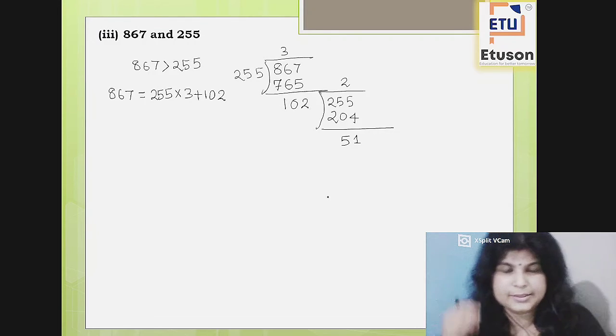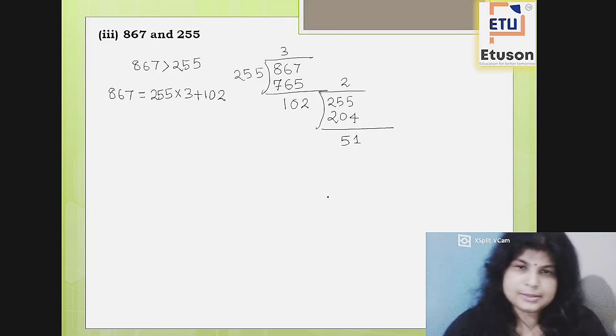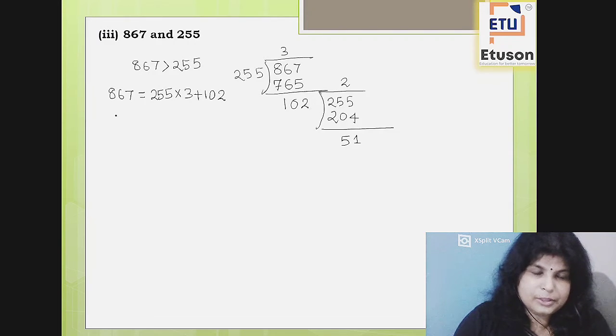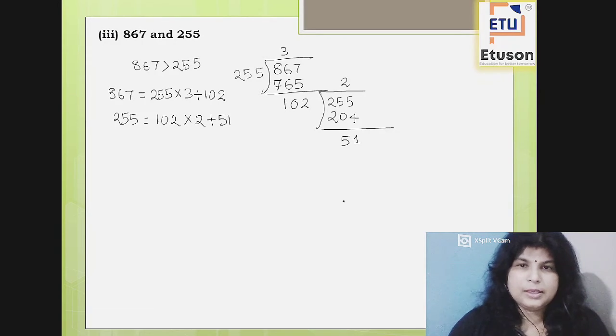Correct. Again it is not equal to your 0. Correct. So let us write down in form of Euclid division algorithm. So you will write 255 is equal to 102 into 2 plus 51. Correct. So which 51 is not equal to 0.